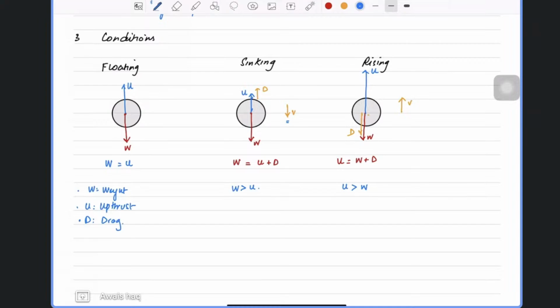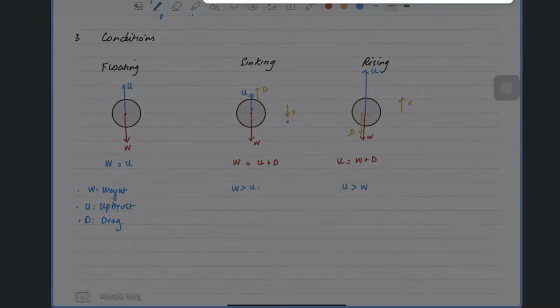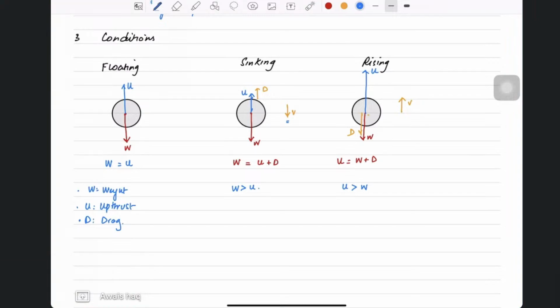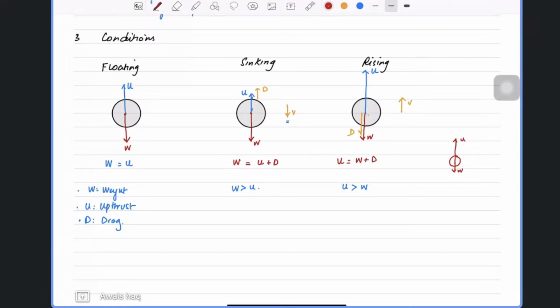Okay, anyone who could not understand this? Sir, could you explain the last part? Okay, what I'm saying is, if there's an object like this, and it has smaller weight, larger upthrust, obviously the object will accelerate upwards.